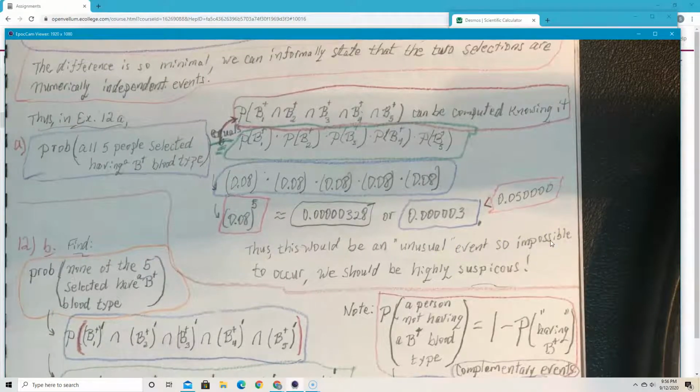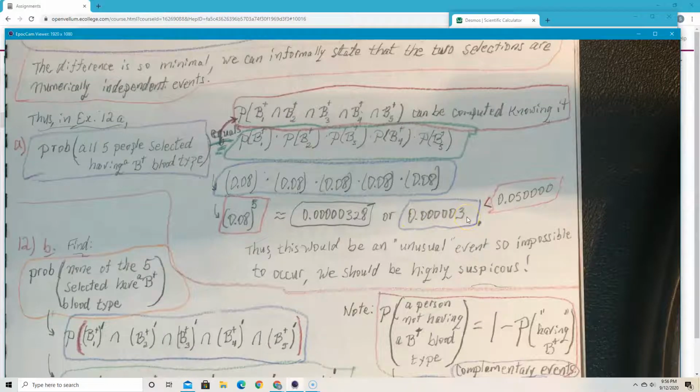That's for sure. This probability value is so incredibly small that if we were to actually do this experiment and pick 5 people from the United States at random, and all 5 of them had B positive blood, the chance of that happening is this right here.